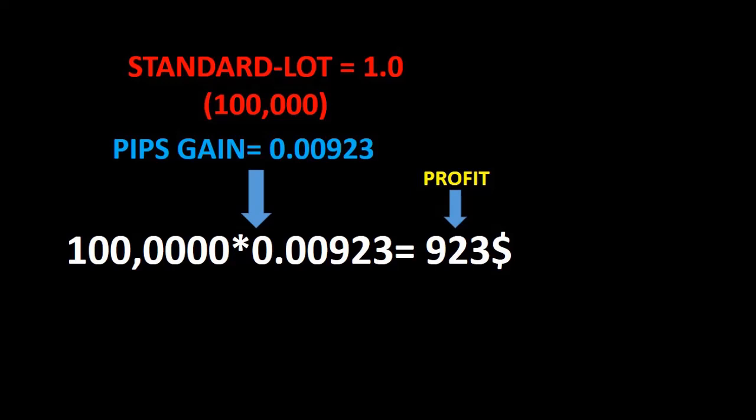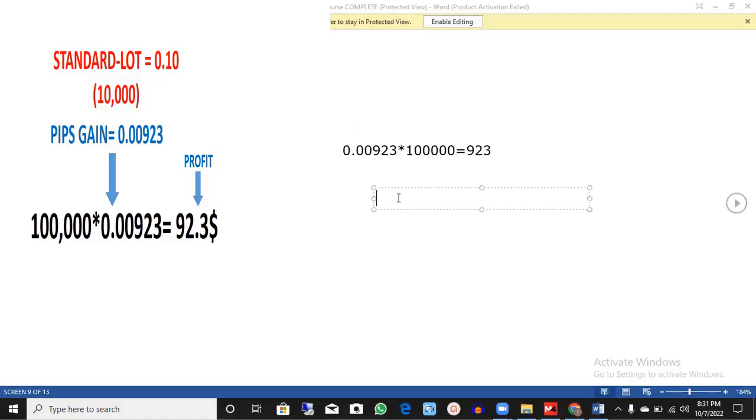All right, so this is how to calculate it. Because one lot size is equal to $10 a pip. For the next slot, we have 0.1, which we said a pip is equal to $1. And Mr. B also made 923 points. So we're also going to express this again, 0.00923.